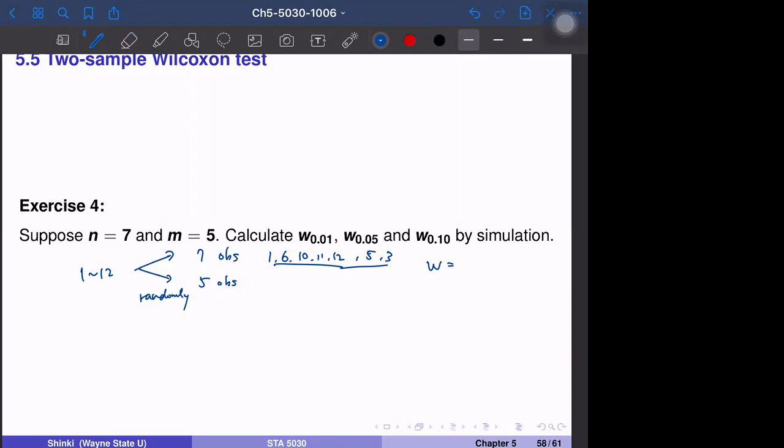So 1 plus 6 is 7, and so on, total 38, so 38 minus 28 is 10. So we can simulate W as 10. Then we repeat this many times, and we can make the distribution of W. Then we can get the 1 percentile, 5 percentile or 10 percentile of W by simulation.